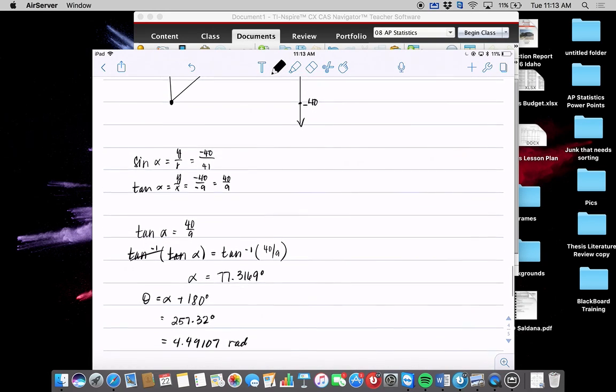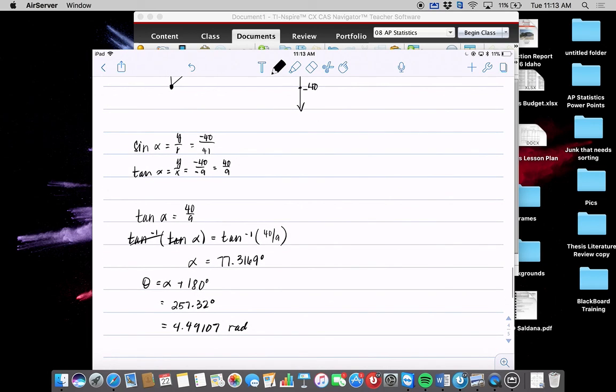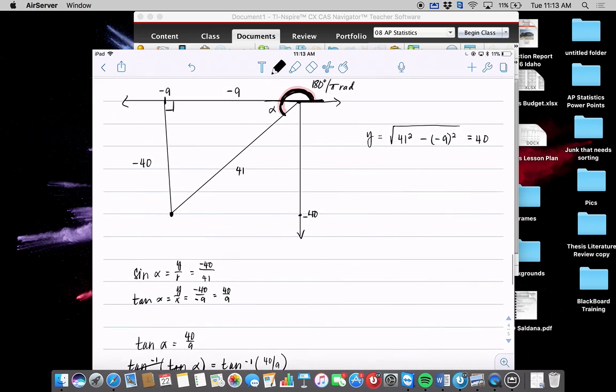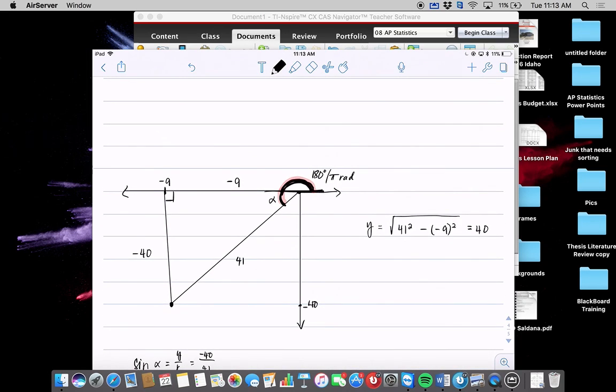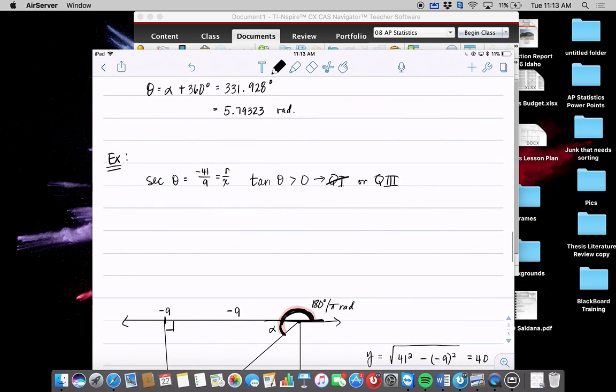All right. So that was just how to find your angle and all of the trig ratios. You can do all the trig ratios based on these two conditions: the value of secant of theta at a particular place, and tangent of theta being a positive value.